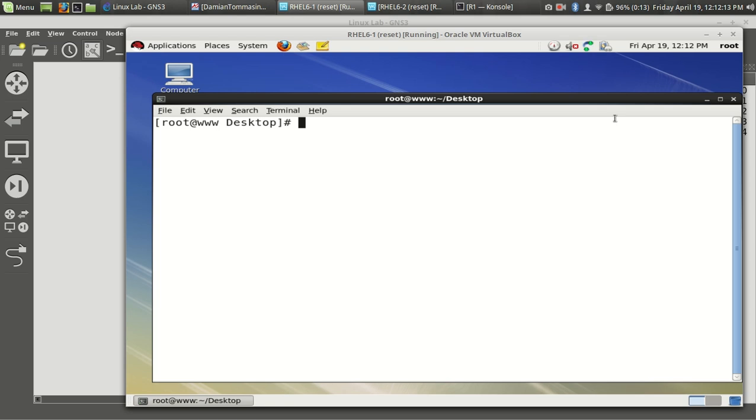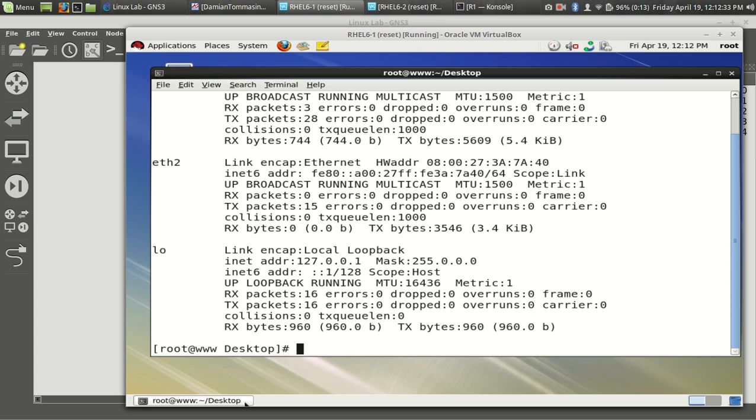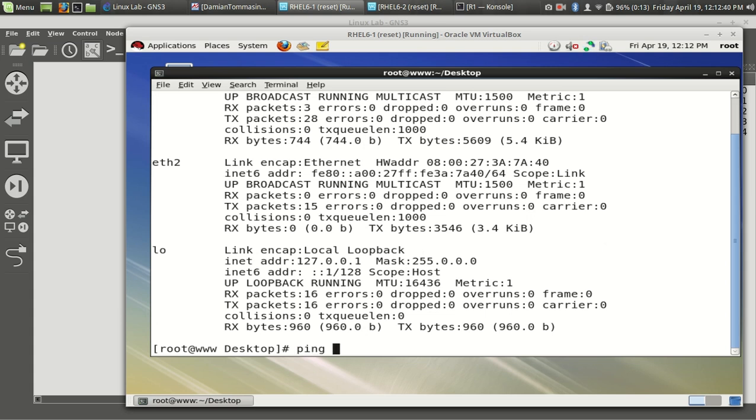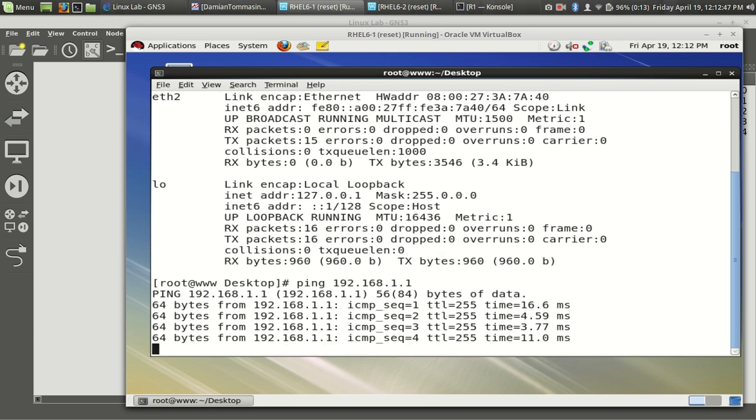If it does not, there may be a problem. Let's hope. If I run the ifconfig command in Linux, I can see I got the IP address 192.168.1.2. Am I able to ping my gateway? Yes, I am able to ping. You can see the TTL value of 255.